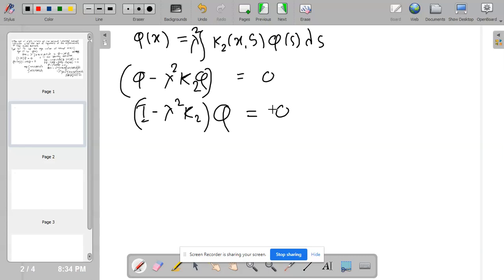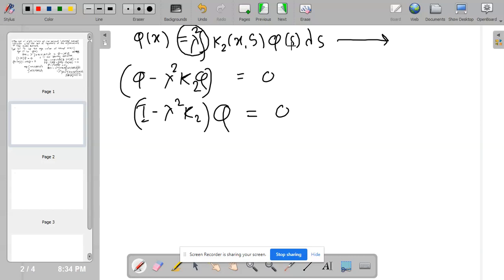So this equation clearly tells us that this lambda square is the eigenvalue of the kernel k2 x comma t, because it is satisfying this homogeneous equation.